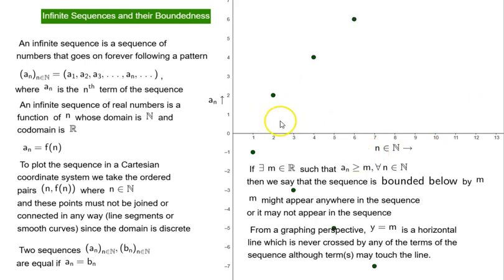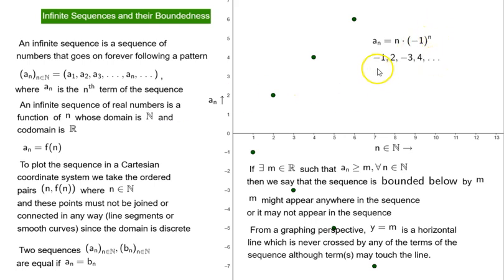What about this sequence? Here when n is 1, a sub n is minus 1, then 2, 3, minus 3, 4, 4, 5, minus 5. So here the sequence is a sub n equal to n times minus 1 to the power of n.